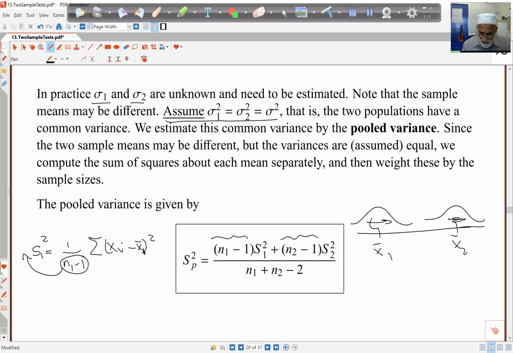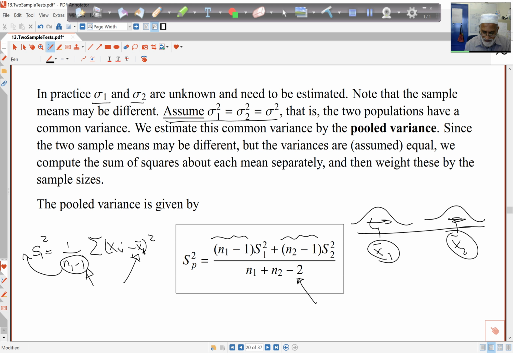If you notice one thing here, the one I'm subtracting in this case is because I have estimated one parameter from the data, which is x1 bar. In this case, to work out s squared p, the pooled variance, there are two means I've estimated from the data, that one and that one. So I subtract 2 off. So essentially my degrees of freedom decreased by 2.